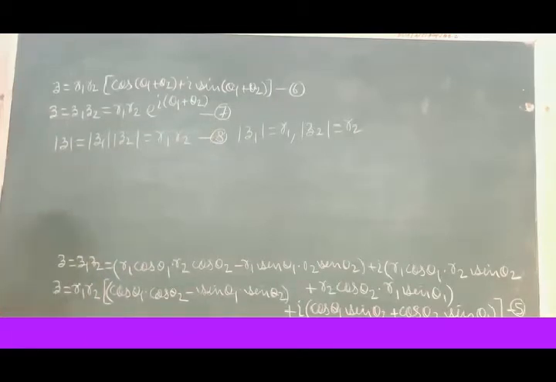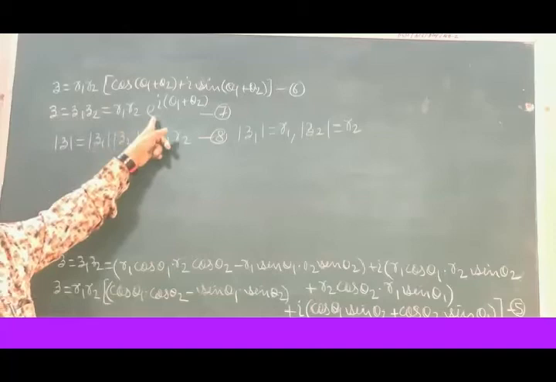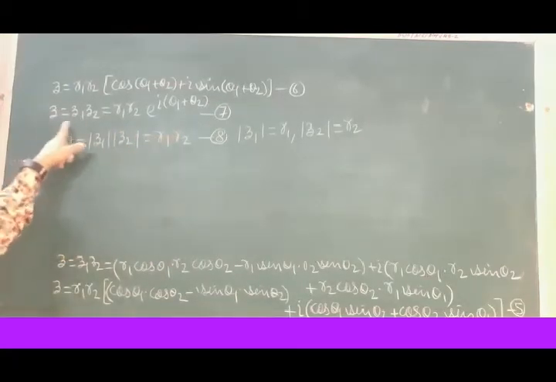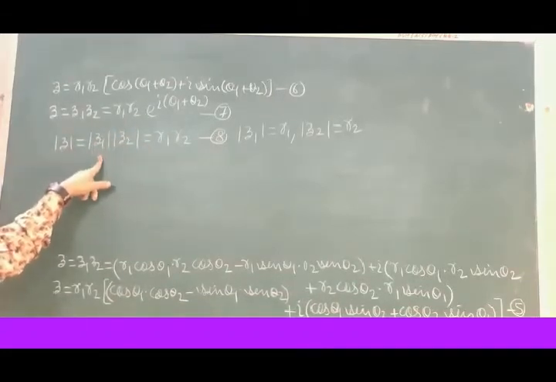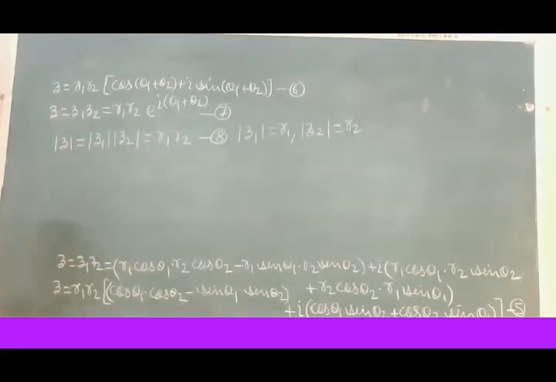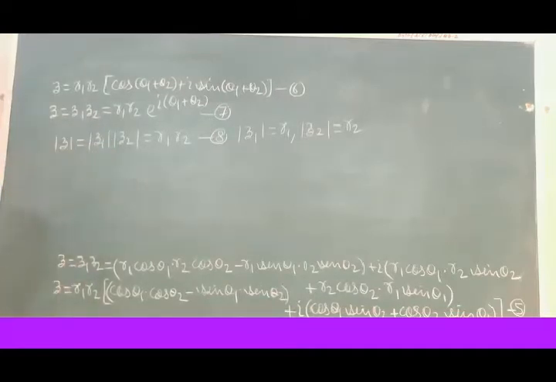Modulus of z2 from equation 2 is r2, and therefore as we have z is equal to z1 into z2 is equal to r1 into r2 into e to the power i theta 1 plus theta 2, modulus of z is r1 into r2, that is modulus of z is modulus of z1 into modulus of z2 is equal to r1 into r2. Now, what will be the argument of complex number z, which is the product of complex numbers z1 and z2?